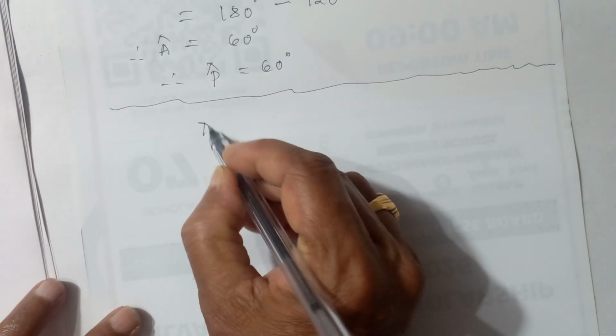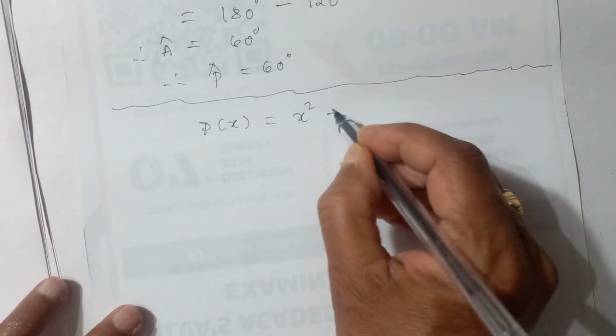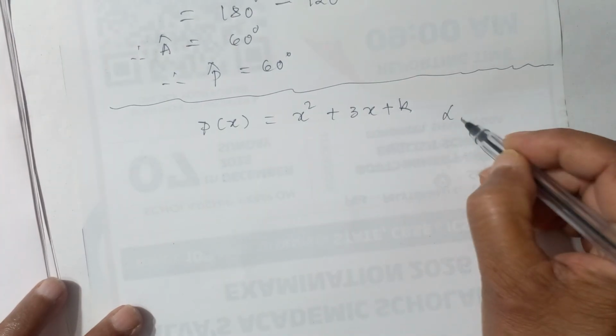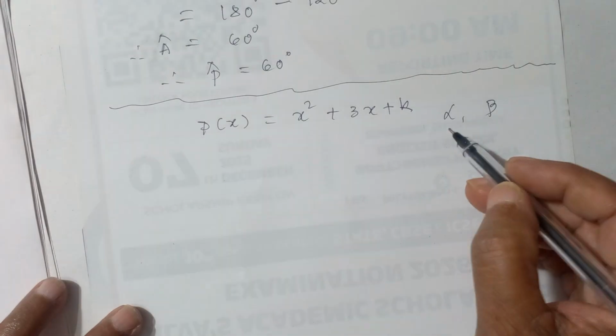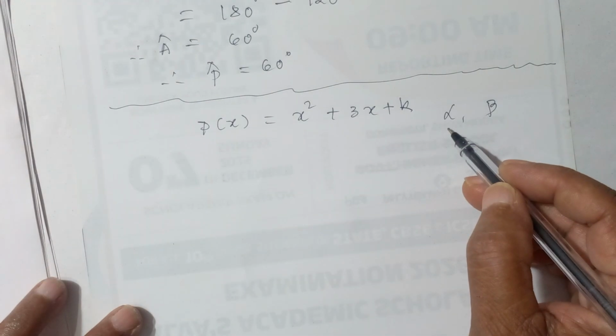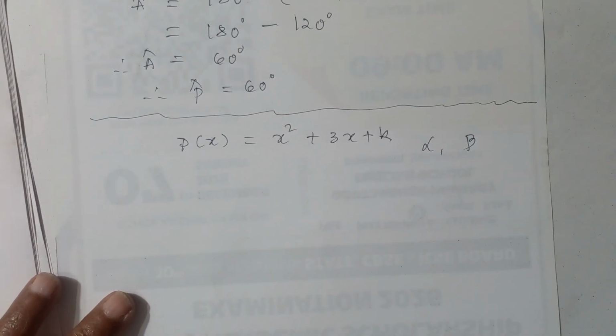Here observe the equation given: p of x is equal to x square plus 3x plus k. Here the roots are alpha and beta. Here alpha is the reciprocal of beta, or beta is the reciprocal of alpha. Don't forget, that is given in the problem itself.